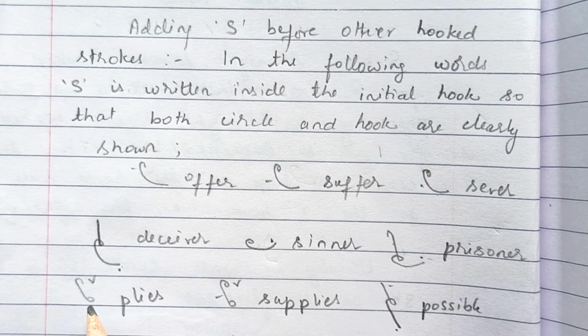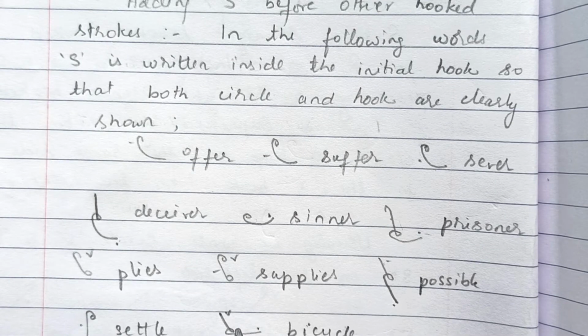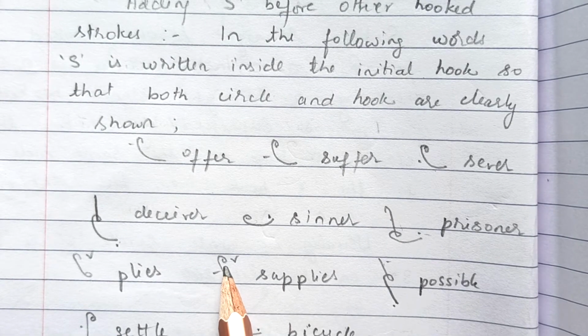Then the loop, then the hook for the L. So plies, so circle S and plies, supplies, possible, settle, bicycle. Here circle S is written for the L hook.